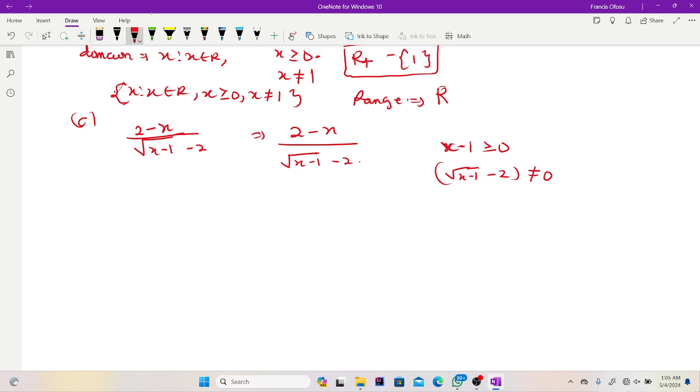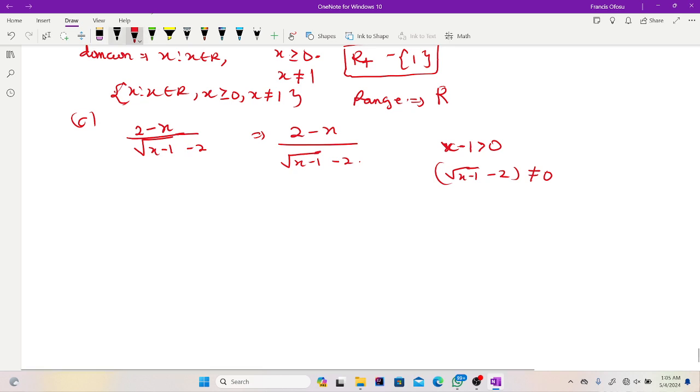So x minus 1 should be greater than or equal to 0. Okay, let's see something. With this, we can't say that x should be equal to 0. So let's see. When x is 0, we are going to get a negative number under the square root sign. So we need to take off the equal to sign as well. So x minus 1 should be greater than 0.